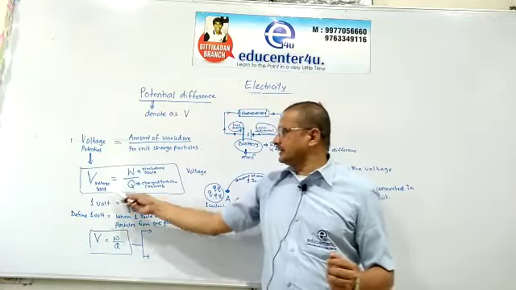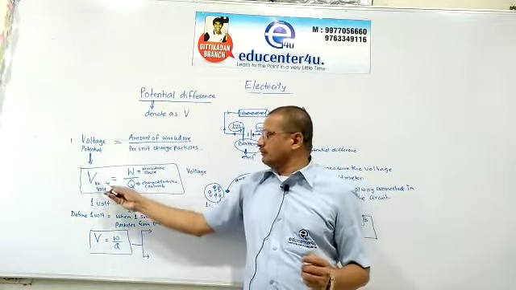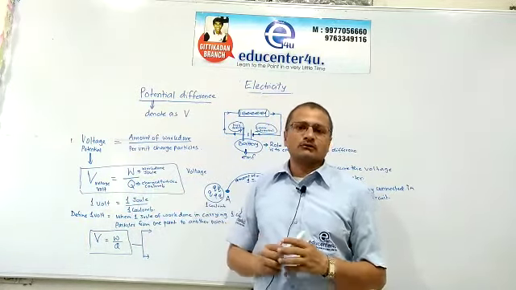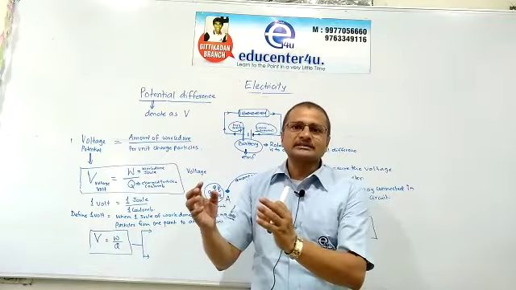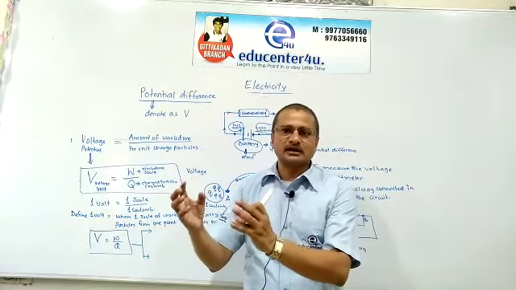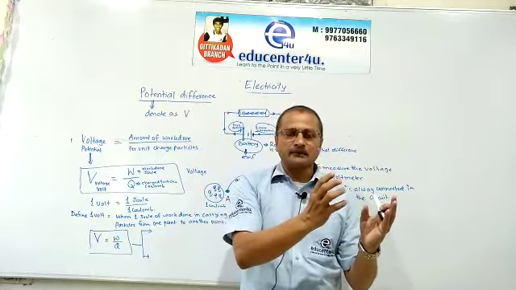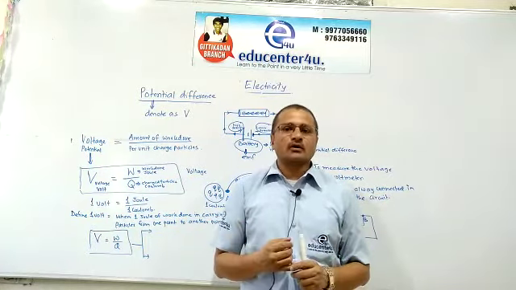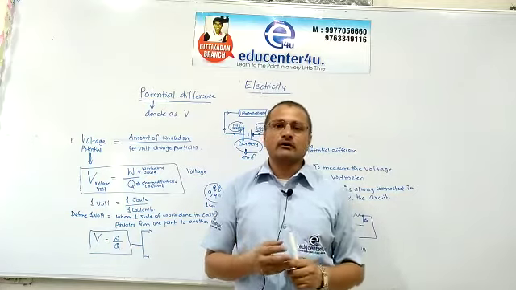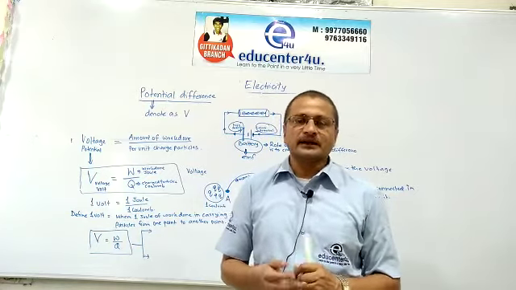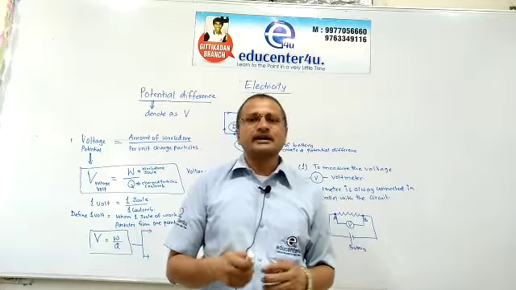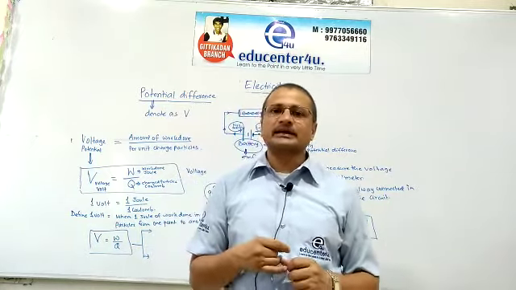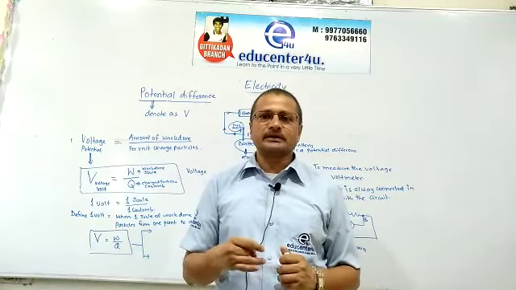So V is equal to W by Q. V is for voltage and W is the amount of work done in carrying the charge from one point to another point. So what is the unit? What is the name of the instrument? Yes, it is voltmeter, and it is always connected in parallel with the circuit.